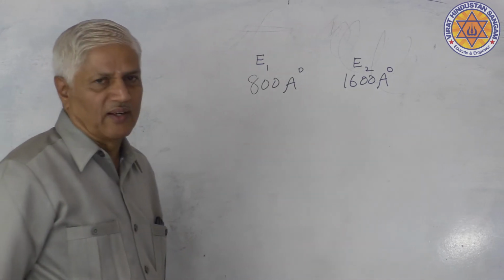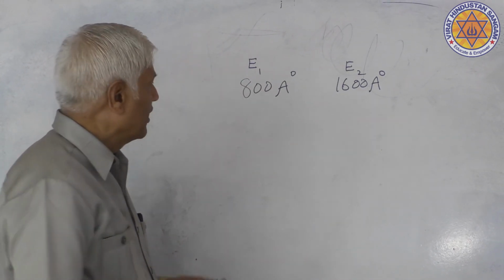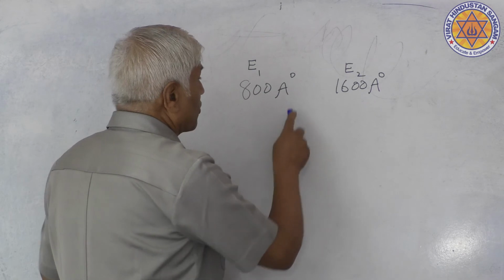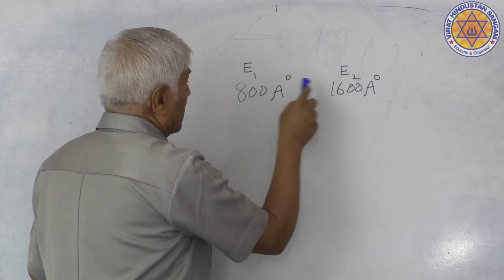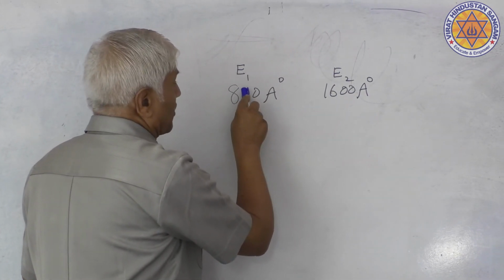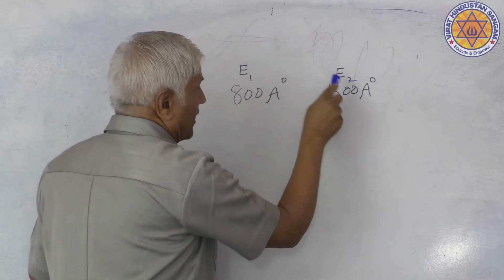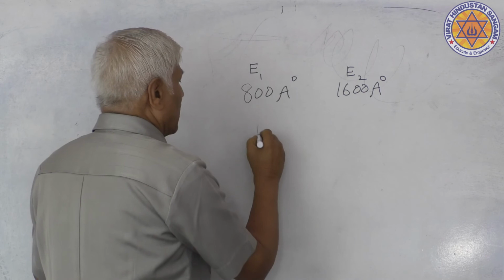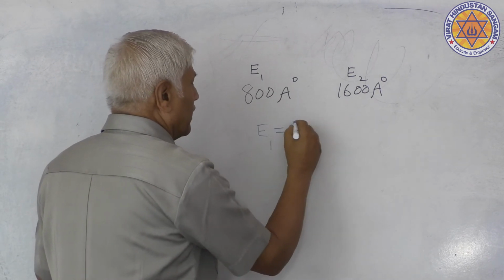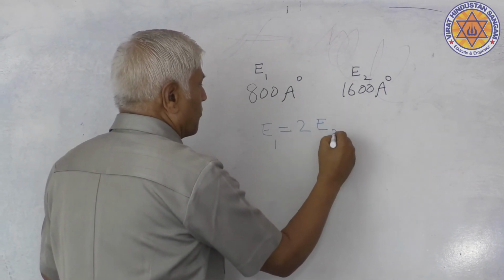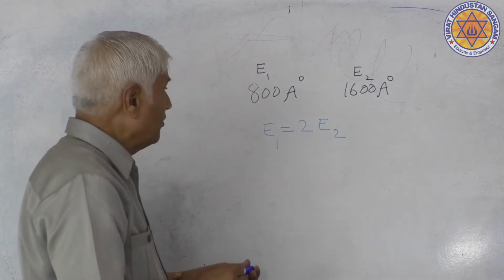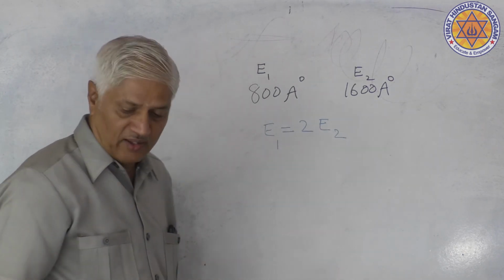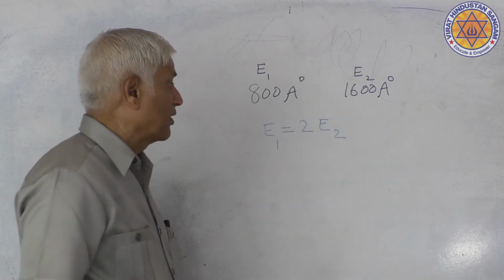In fact, the wavelength is twice, which means the energy of the 800 angstrom radiation is more by 2 times, so E1 equals 2E2. The energy of the first radiation is 2 times that of the second radiation.